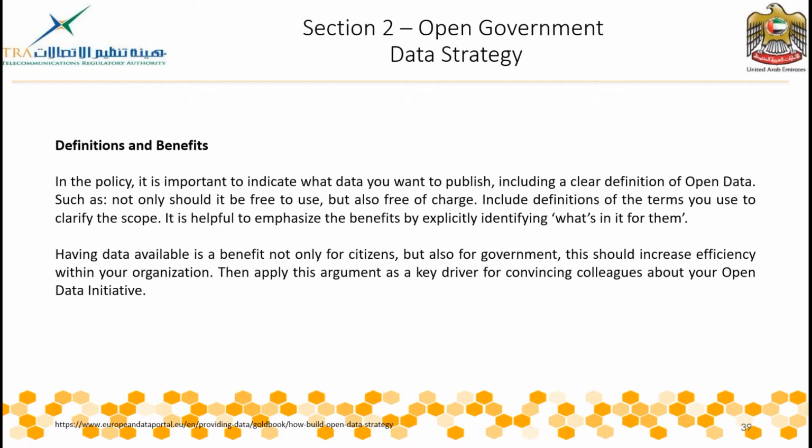It is helpful to emphasize the benefits by explicitly identifying what's in it for them. Having data available is a benefit, not only for citizens, but also for government. This should increase efficiency within your organization. Then, apply this argument as a key driver for convincing colleagues about your open data initiative.